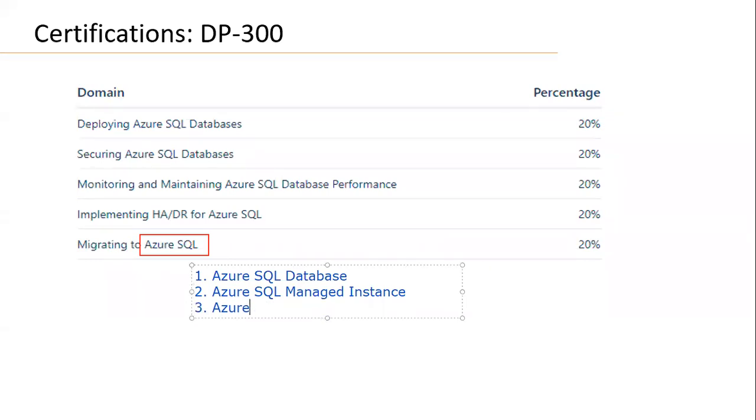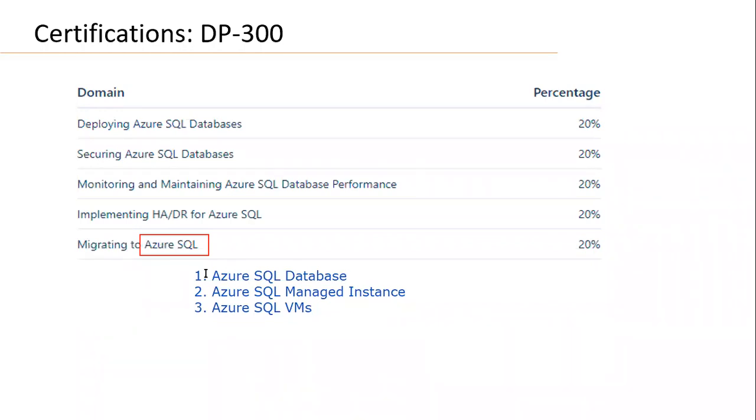In the same way, we have Azure SQL VMs, virtual machines. These are the three major services where we are working as a SQL Server DBA in Microsoft Azure. Clear, right? We'll talk about this in detail.